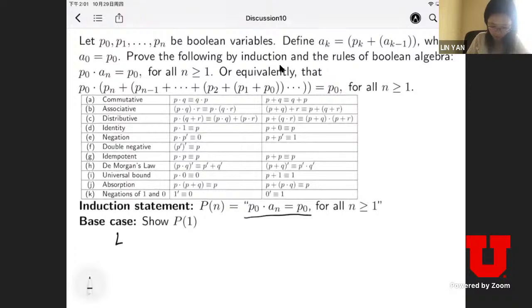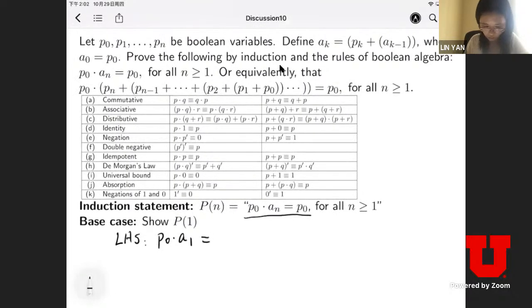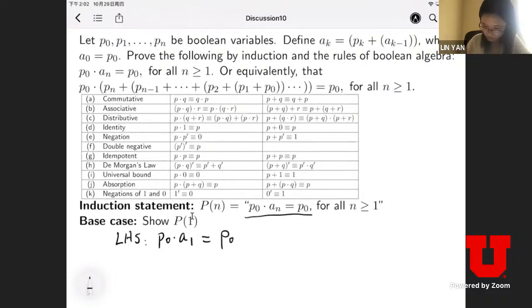From P1, the left-hand side is equal to P0 times A1. It is equal to P0 times (P1 plus A0).